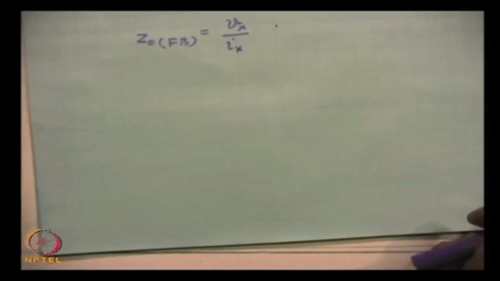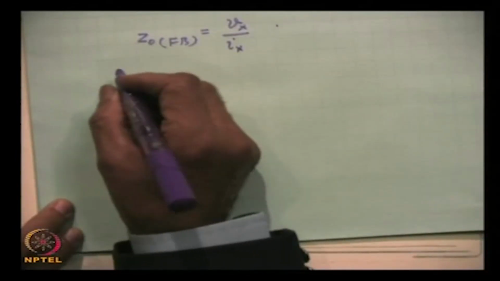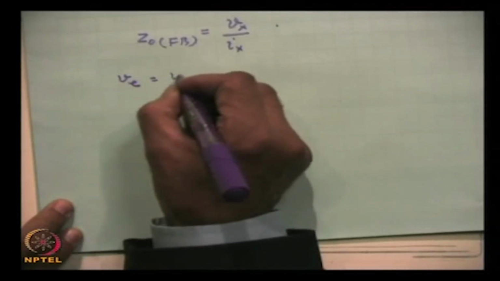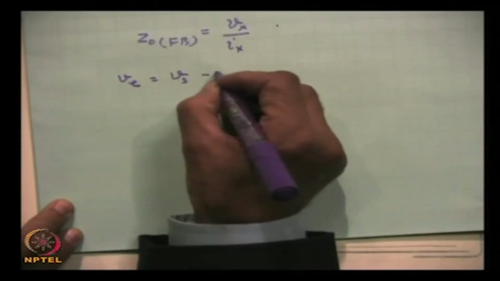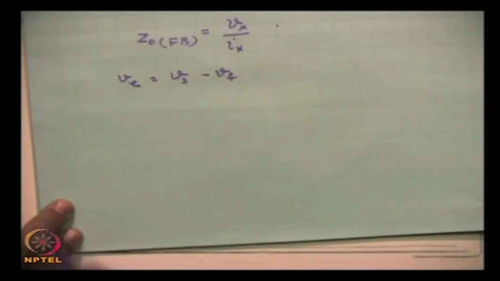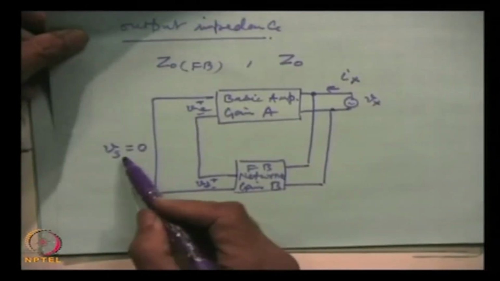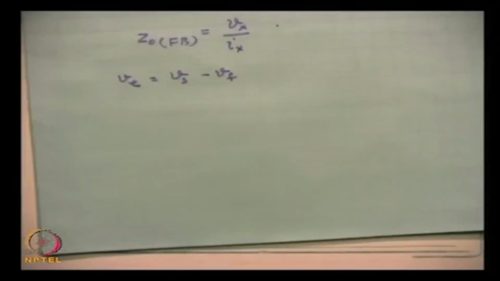Now, from the above figure we already understand that V e, the error signal, is the sum of V s minus V f. But in the present case V s is 0; we have reduced V s to 0.